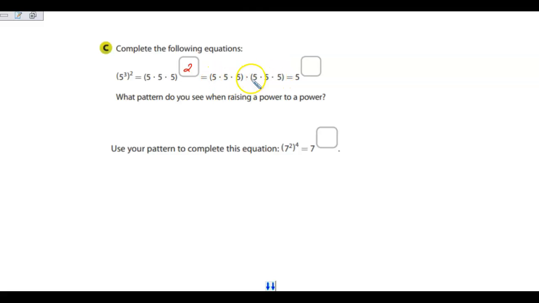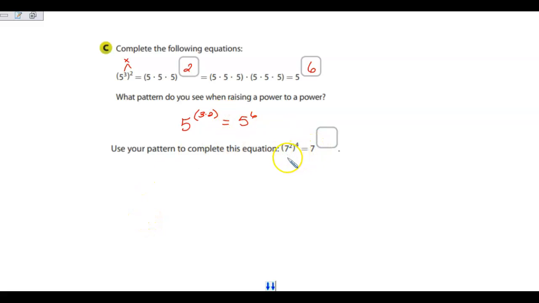And so altogether, how many 5s did I have? I have 6. When I go back and I look at my exponents, I happen to know that if I multiply those, I'm going to get 6. So if I take 5 to the 3 times 2 power, I get 5 to the 6th power.